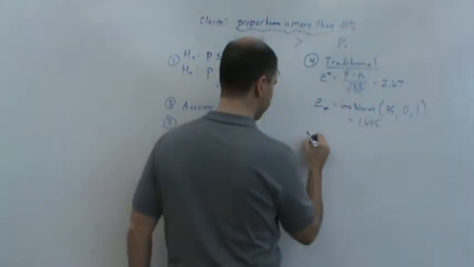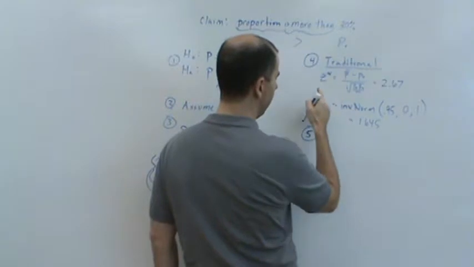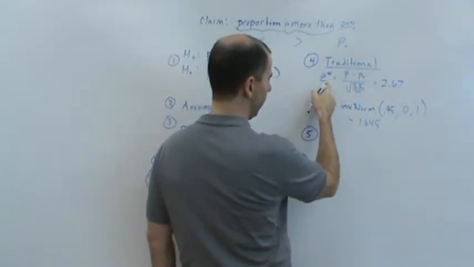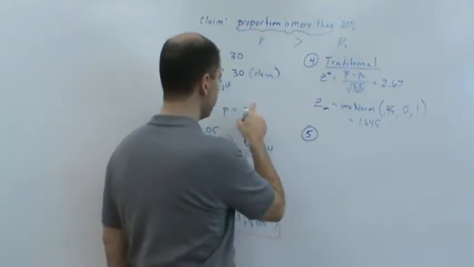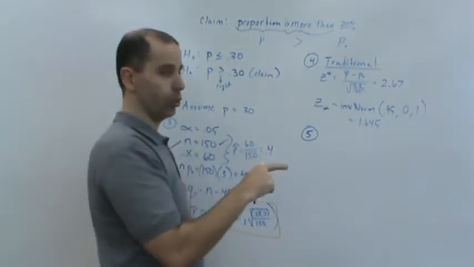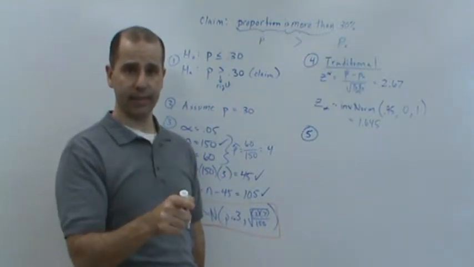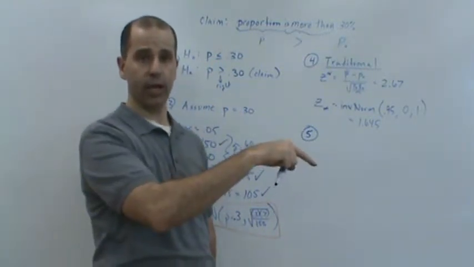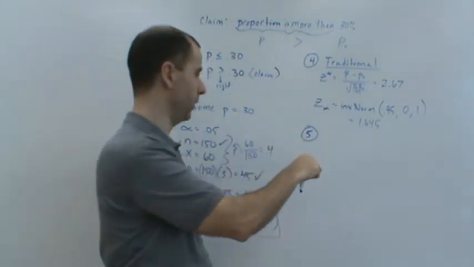Now, step 5 is our comparison. So now what we're going to do is compare our z-star, our test statistic, to our critical value. And since it's a right-tailed test, we're going to reject if our test statistic, z-star, falls within the rejection region in the right tail, which means bigger than or equal to.